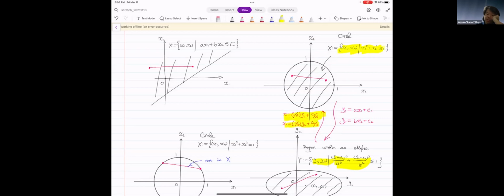Then I go from a circle to the region within the ellipse. And the inverse of this linear map is also true. I can easily go from the ellipse to a disk. So I can always do this kind of linear map between those two sets to go back and forth between disks and whatever is within the ellipse.